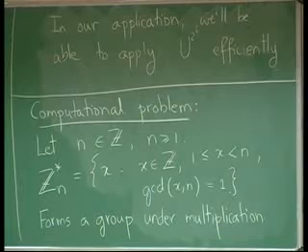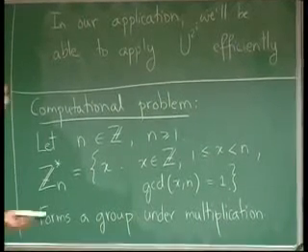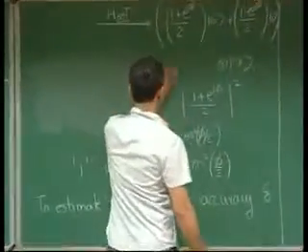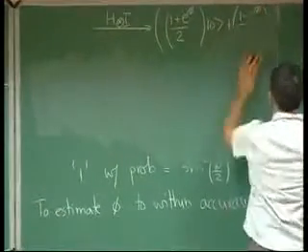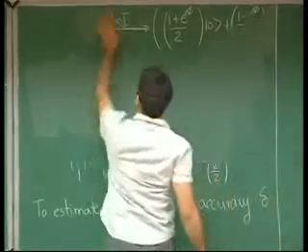So one thing that this implies is that if you take any number in this set and take its successive powers, at some point you will circle back to 1.